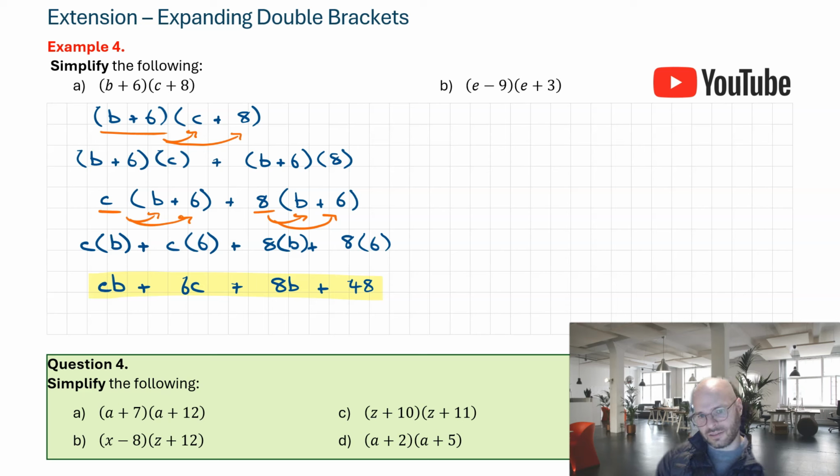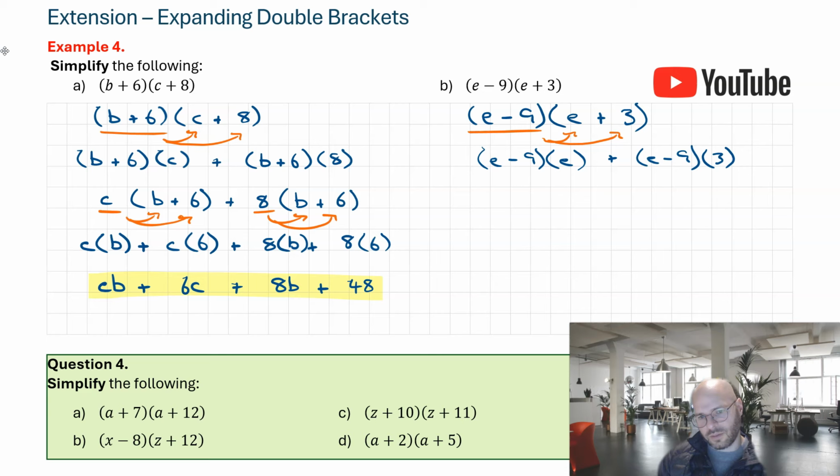Alright, let's go again. E minus 9, E plus 3. We want to expand this out. First step, we identify E minus 9 as our product. We then multiply it with E, and then we multiply it with 3. Next, we flip them around. E goes on the left, E minus 9 on the right.